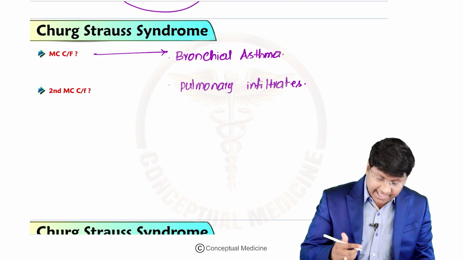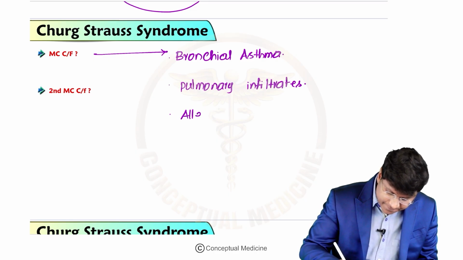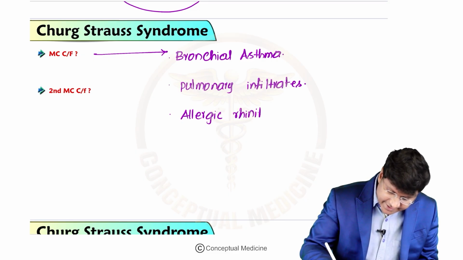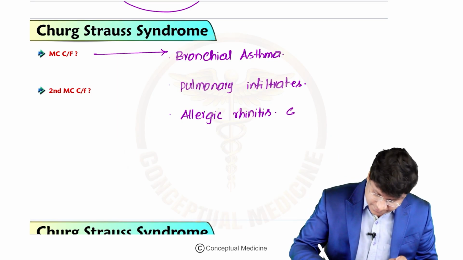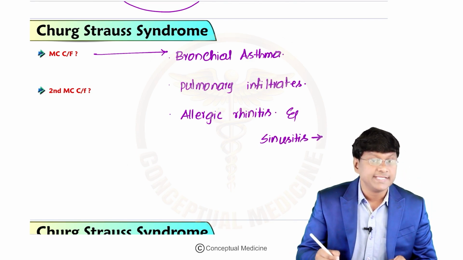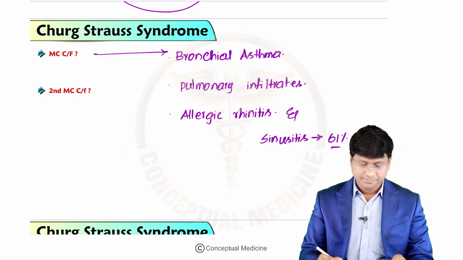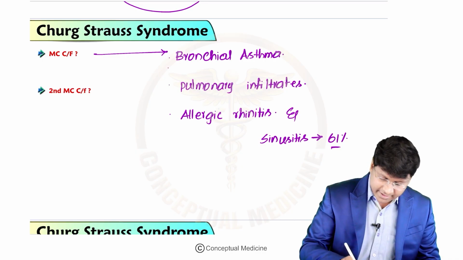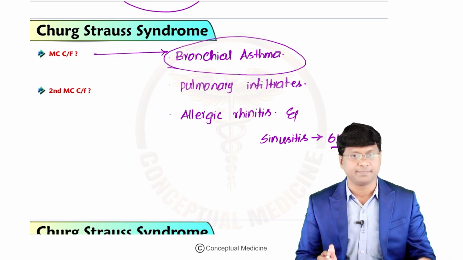Along with that, another important upper respiratory tract involvement is allergic rhinitis and sinusitis, which may be seen in almost 61% of patients. The most common clinical feature is the bronchial asthma, and the pulmonary infiltrates dominate the clinical picture.